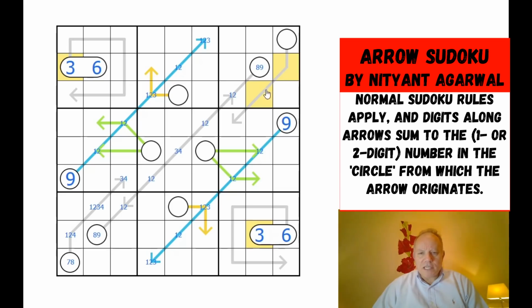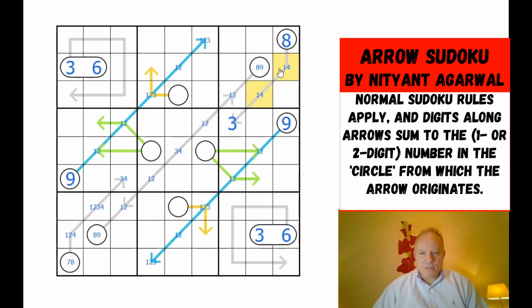And therefore, since they can't be 1 and 2 because of this cell in the same box, they must be at a minimum 1 and 4. And this one must be a 3 at a minimum because 1 and 2 are in the same box. And those minimums add up to the maximum this can be, which is 8. That's fantastic. I love how the symmetry is not the same as down here.